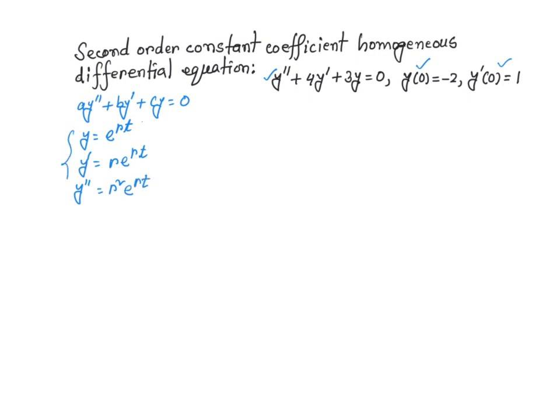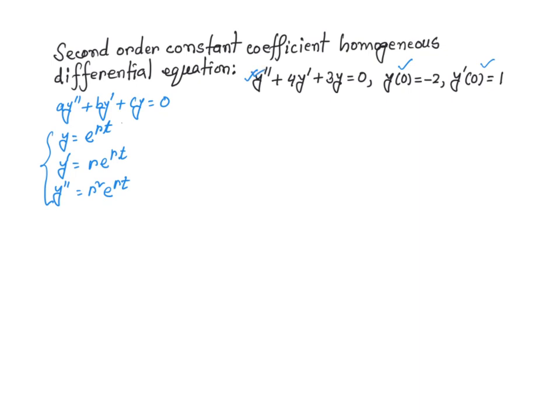Now if I take these three values and plug them into this equation, what's going to happen? We are going to get r square e to the power rt plus 4r e to the power rt plus 3 e to the power rt is equal to 0.